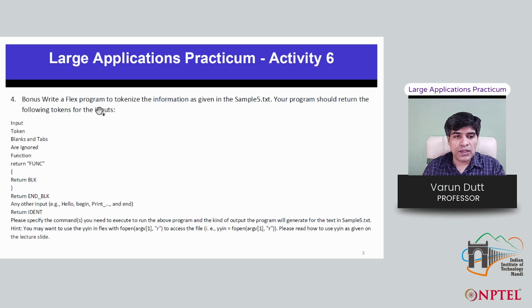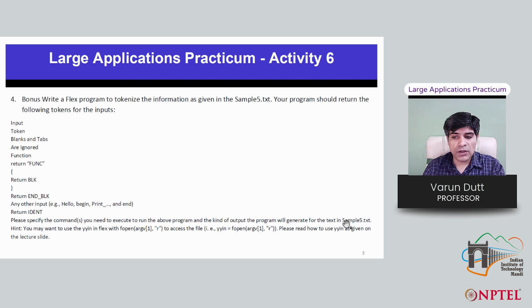There's one more thing which is a bonus: write a flex program to tokenize information given in the sample5.txt file. Your program should return the following tokens. There is a file given where a program is provided, and what you need to do is convert the entire program into a set of tokens like this. So you need to basically write a flex program to recognize this and convert it into output tokens.